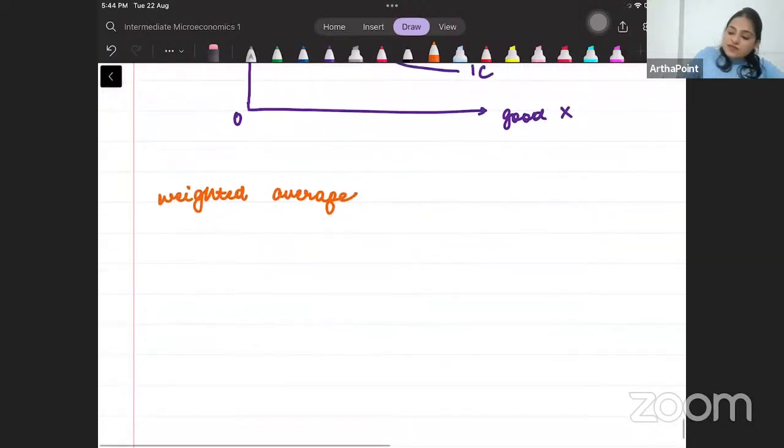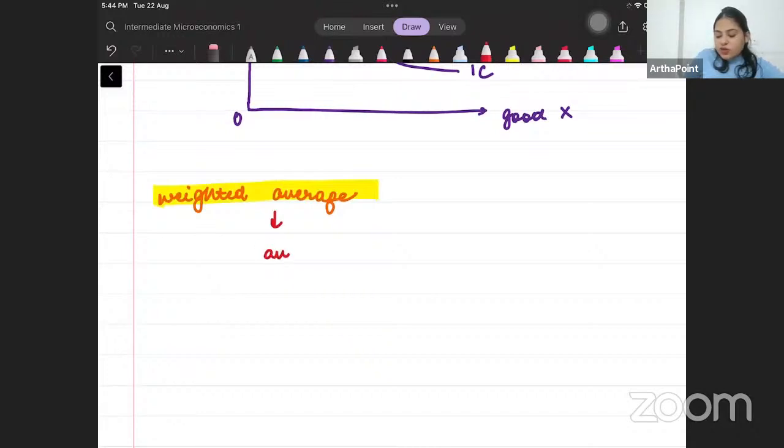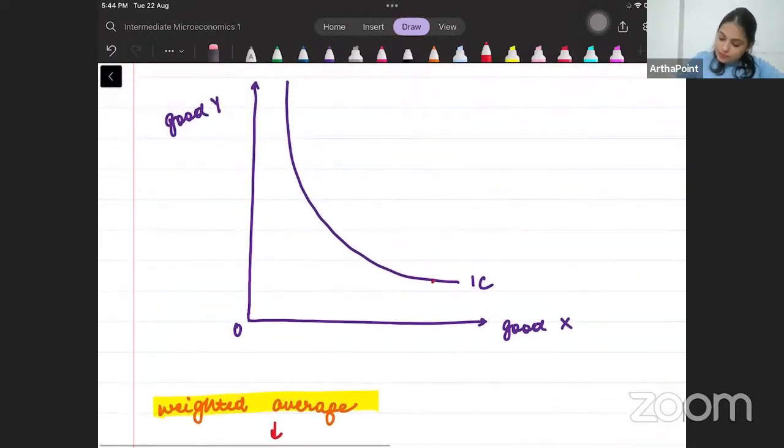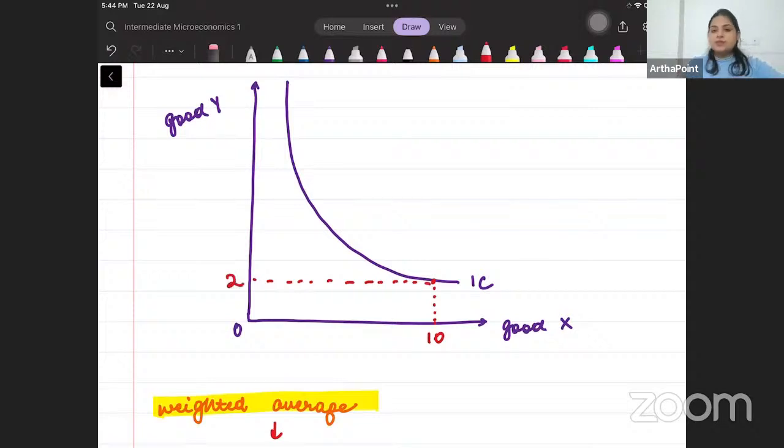And to understand weighted average, बेटा पहले समझना होगा कि average क्या होता है. Weighted बाद में समझते हैं, पहले समझना पड़ेगा कि what is an average. So let us go ahead and let us take 2 points. बेटा my first point is 10 here and suppose 2 here.